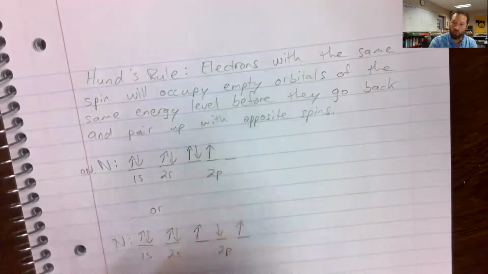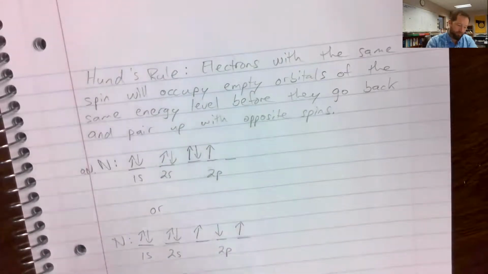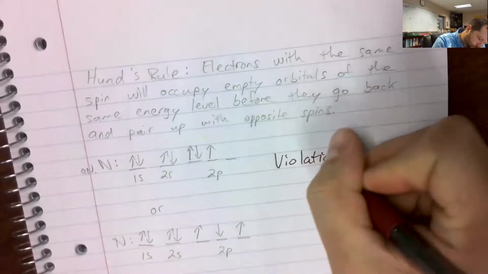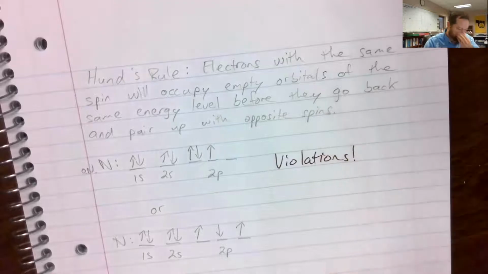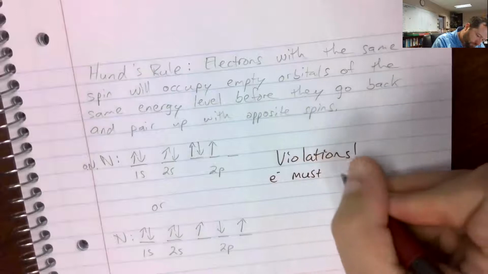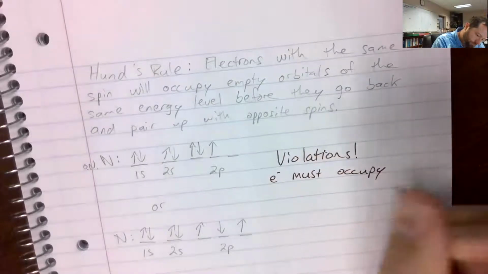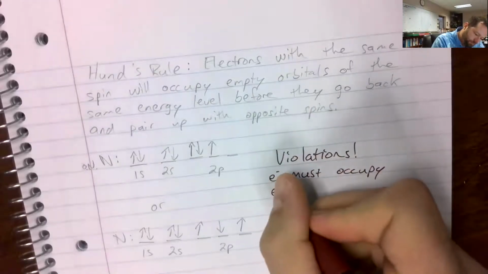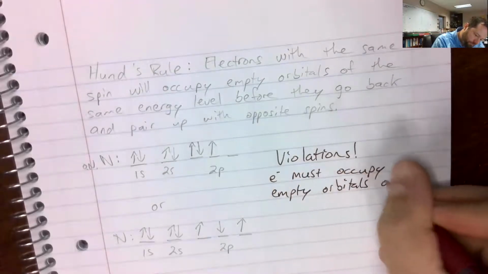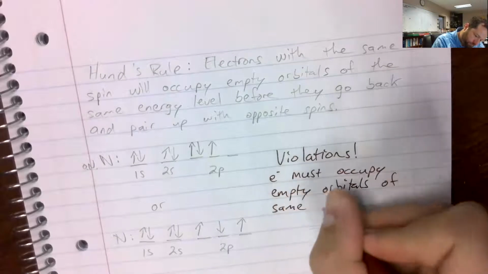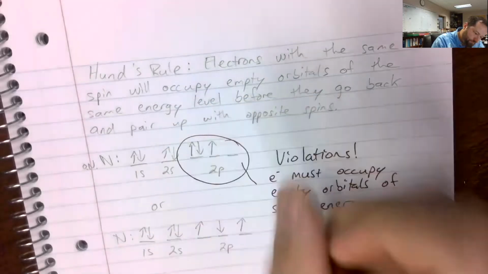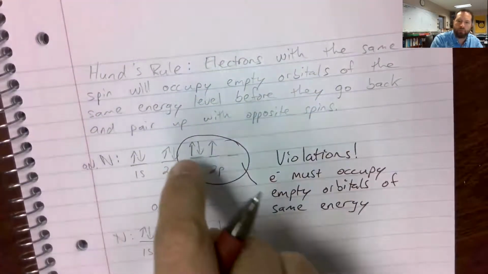These are all 2p orbitals, so they're all the same energy. So we've got that empty orbital there, and we've got a pair of electrons here.